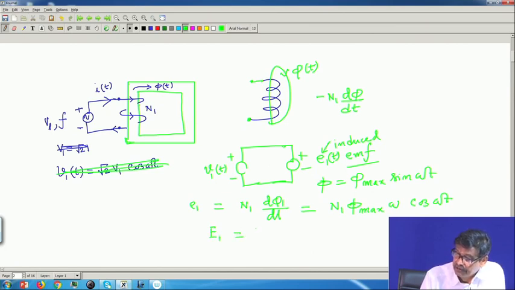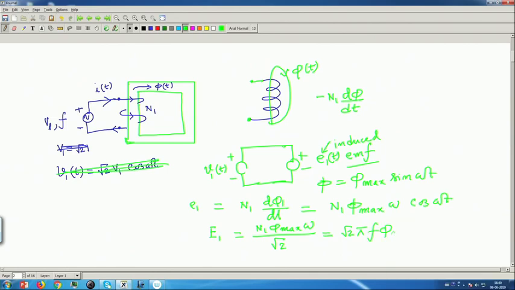It will be the peak value, phi max omega by root 2. For omega, if you substitute 2 pi f, it will become root 2 pi f phi max into N 1.